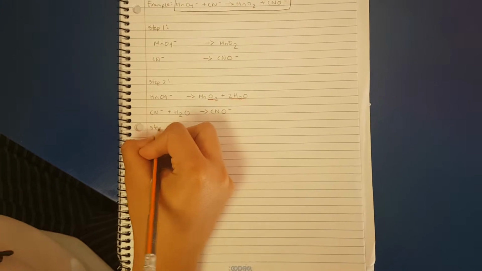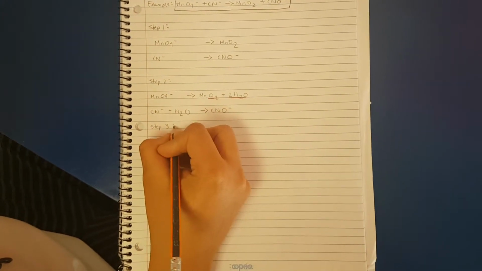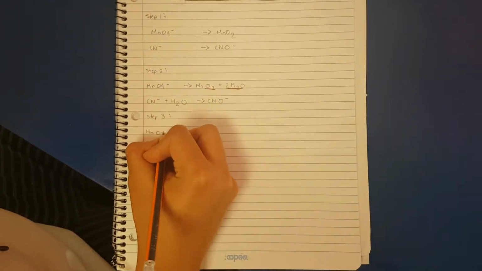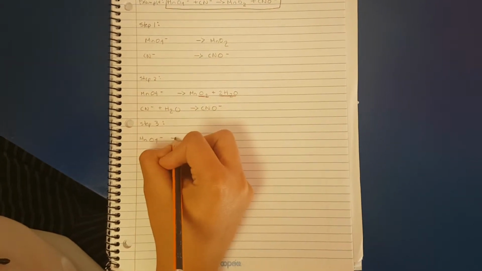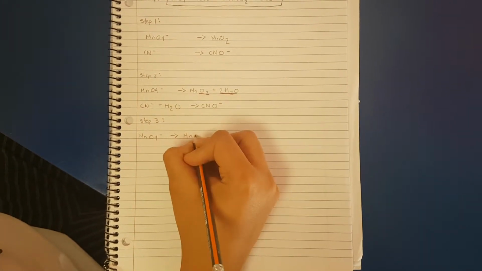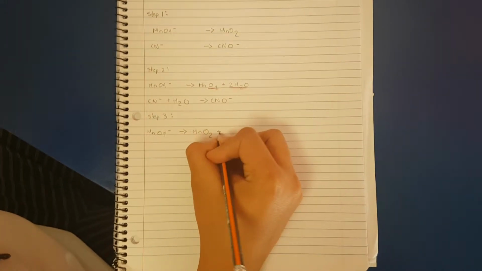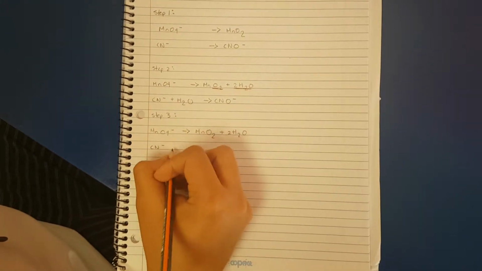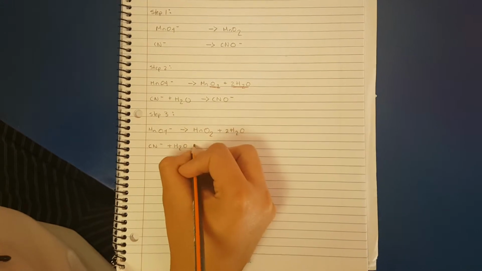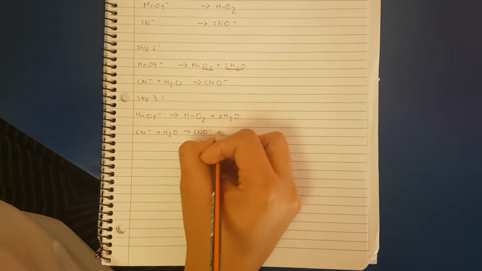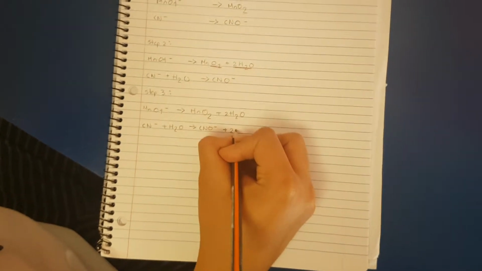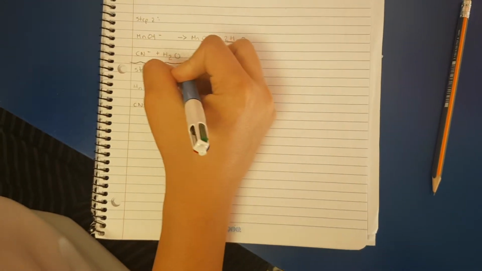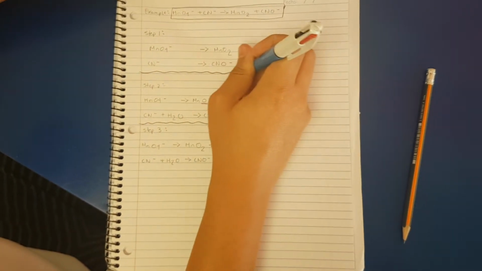So step 3 will be MnO4 negative, and then MnO2 plus the 2H2O we already had, then CN negative plus the H2O we already had, and then CNO negative, and then because of this we gotta add the plus 2H plus. Alright, so let me now separate this so that you can differentiate the steps and not get confused.